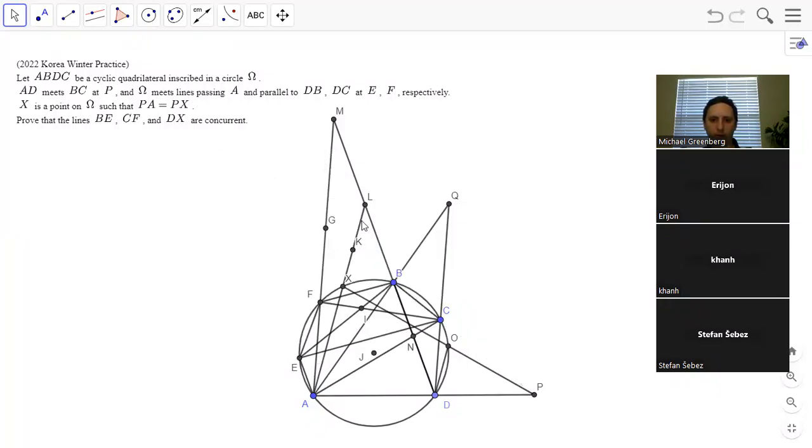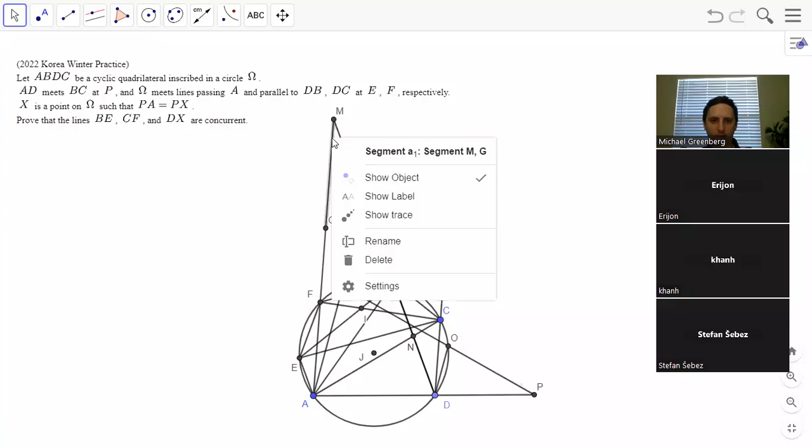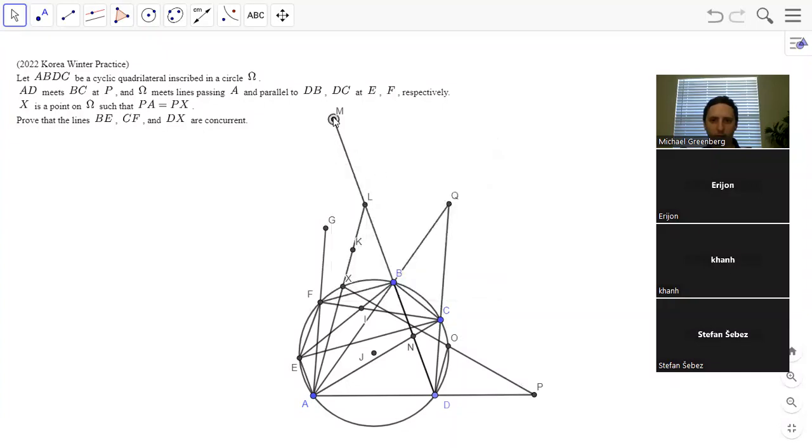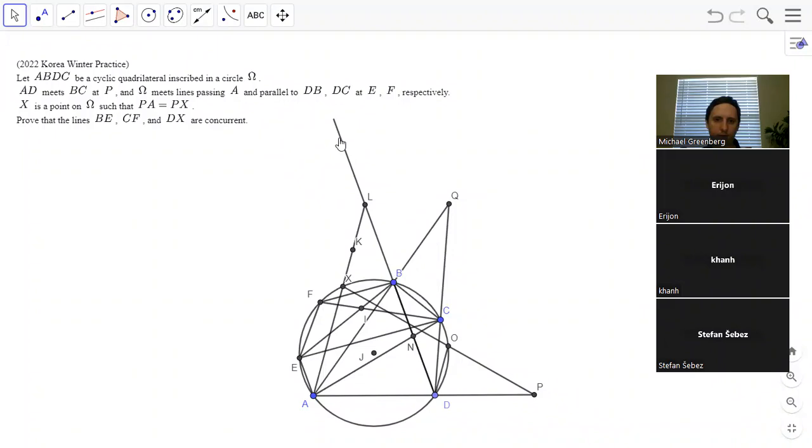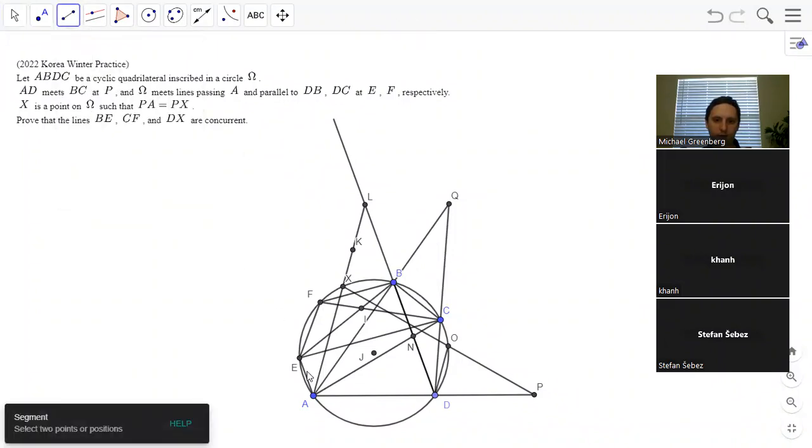All right. So I'm going to hide a lot of this, so I don't think your solution uses it. Still want to draw AF though.